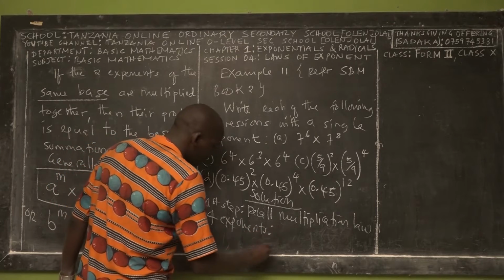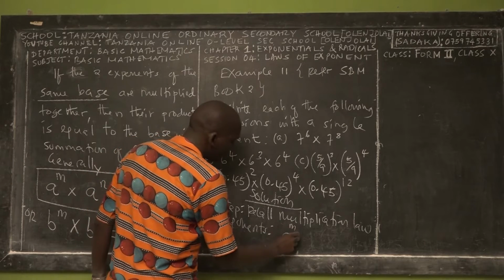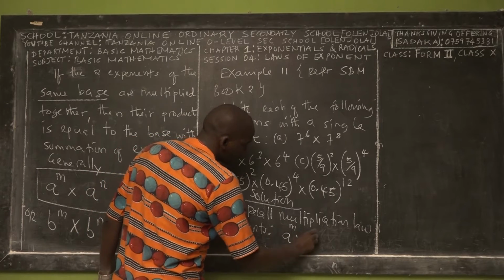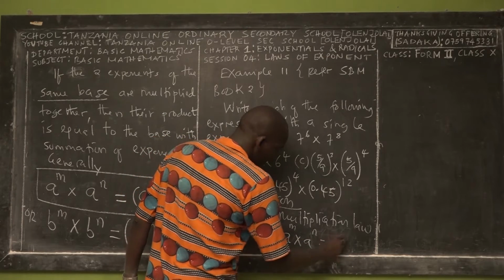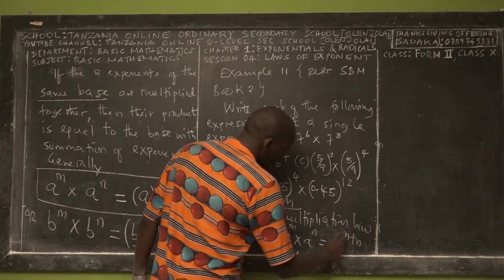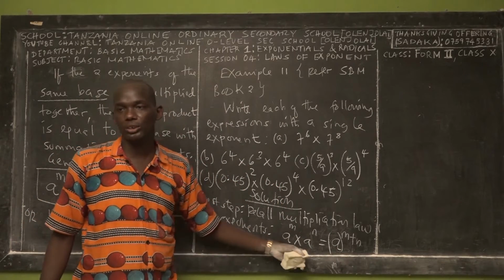How does it state? Suppose that two exponents have the same base, a power m multiplied by a power n is equal to a power m plus n. So this is the single exponent, while these are the two exponents.